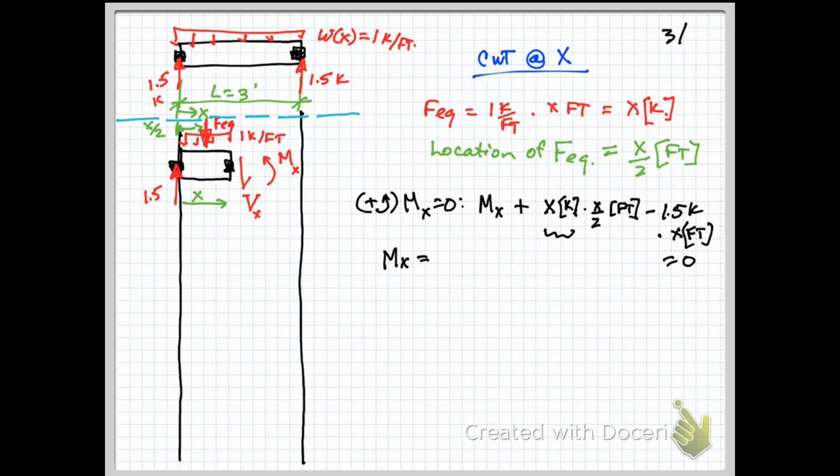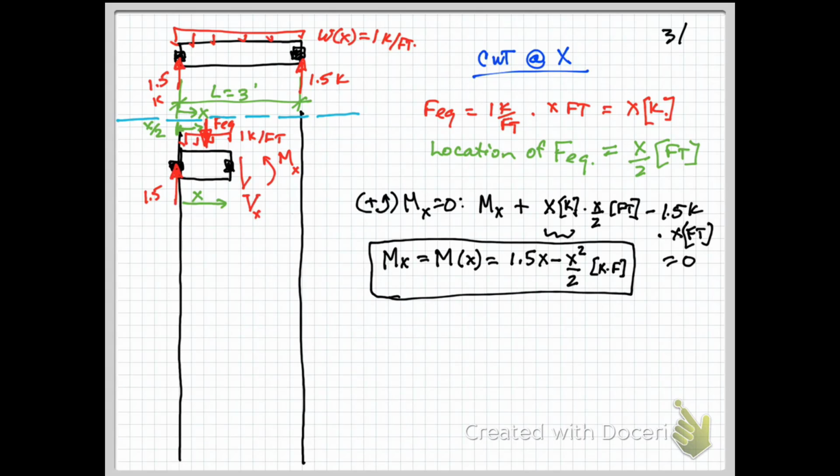All that equals 0. Solving for Mx, which is essentially M as a function of x, we get 1.5x minus x squared over 2. You'll notice that this is a second order equation.